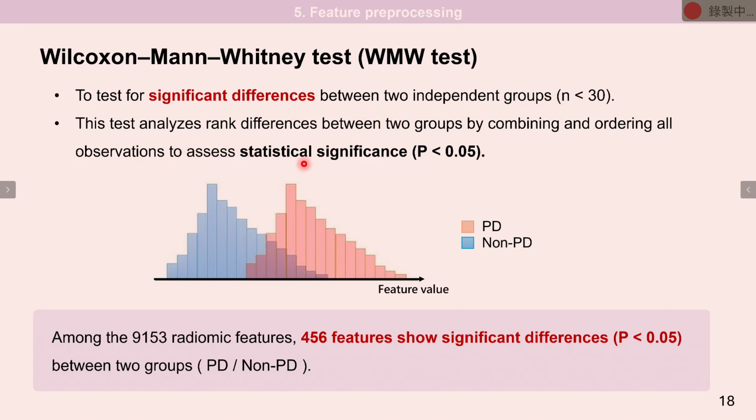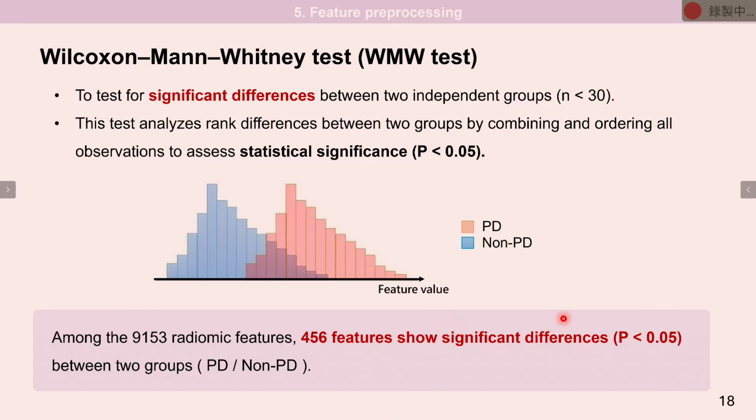The features with p-values smaller than 0.05 are seen to be statistically significant. And our study selected 456 features that show statistical difference.